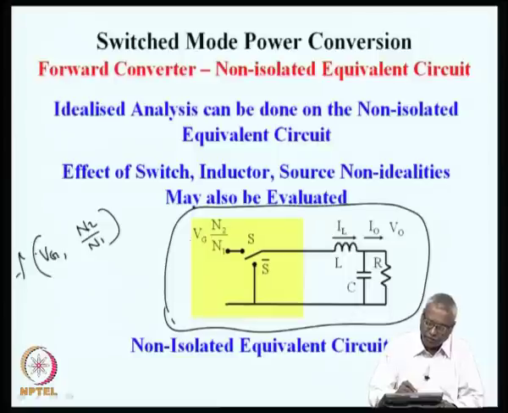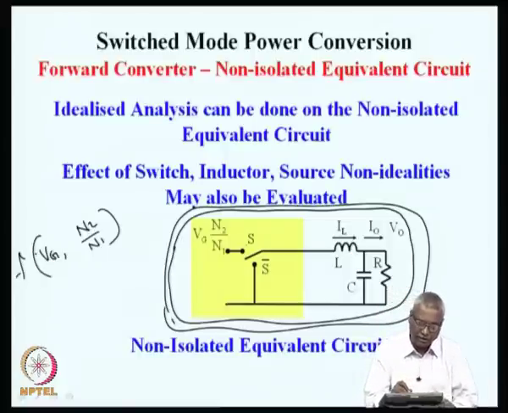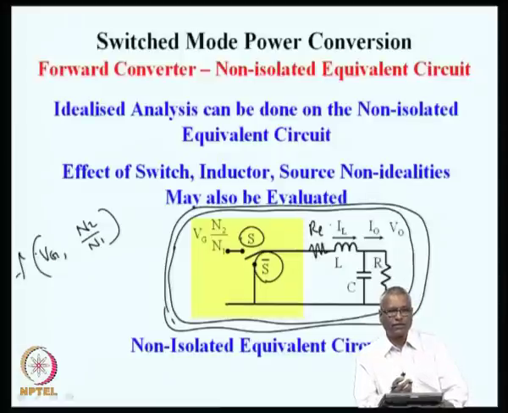But the voltage conversion ratio, current conversion ratio, efficiency on account of the switch non-idealities S and S bar, efficiency loss on account of the inductor non-idealities which is RL and so on, all those analyses can be done in the same way as we had done for the other converters.